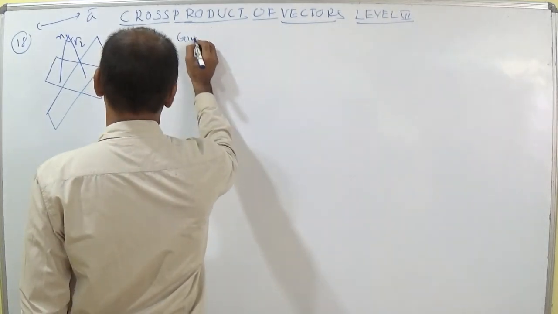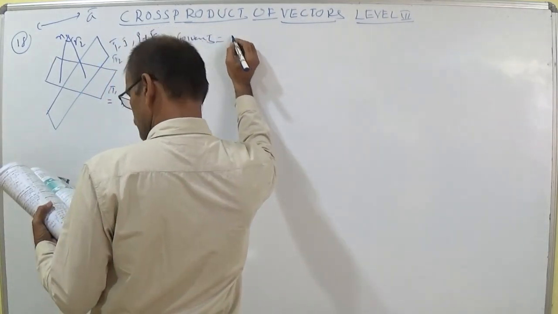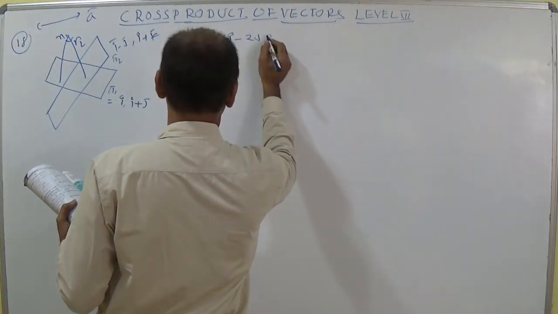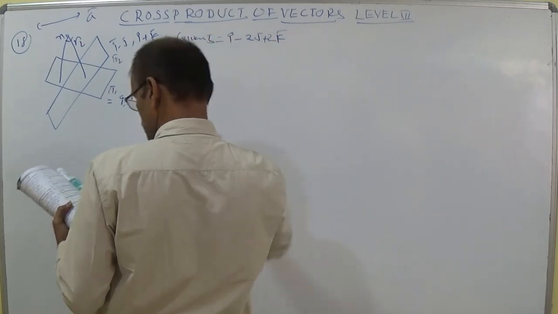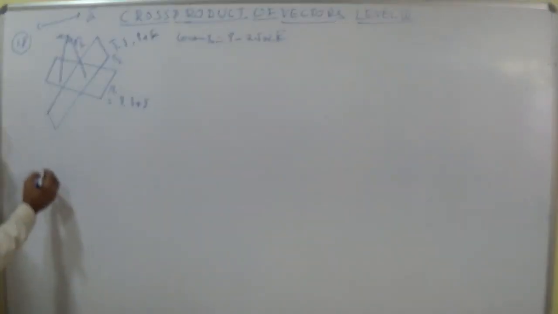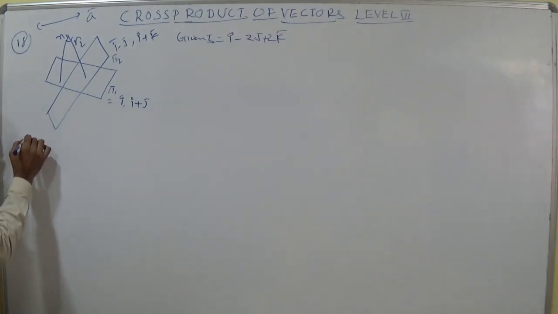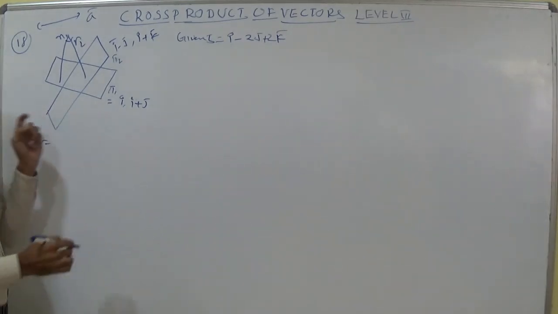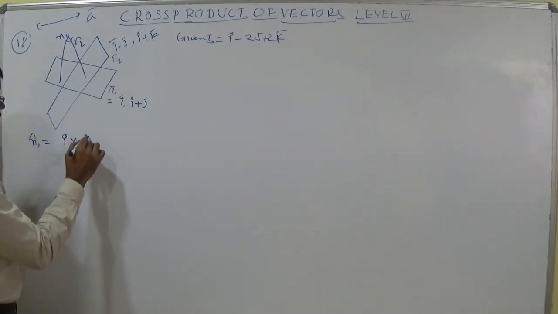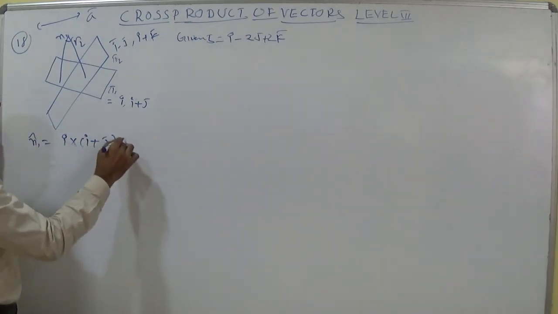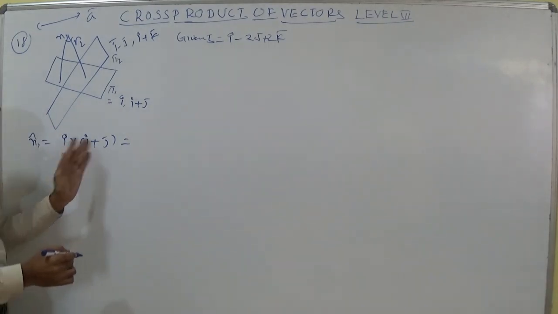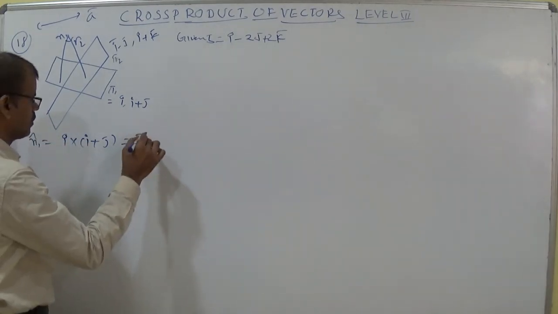Given, let the vector b bar be i minus 2j plus 2k. Now the unit normal vector n1 bar is i cross i plus j. So i cross i is equal to 0, no need to calculate. i cross j becomes k, only k.